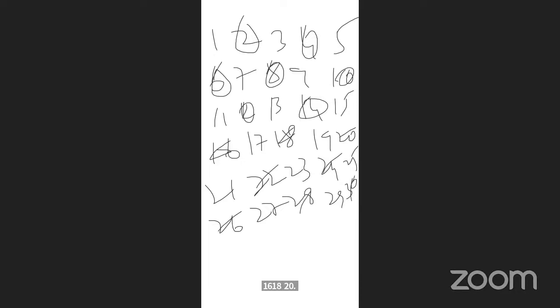How many are there? 15. So the probability of divisible by 2 is 15 by 30, right? Okay.